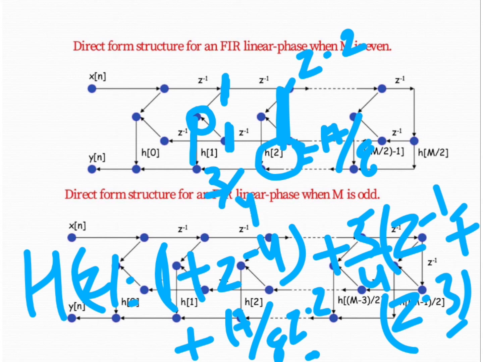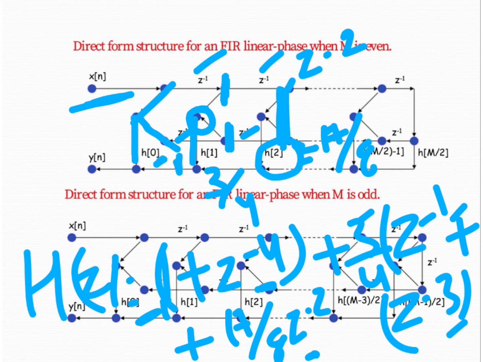Likewise, when we want to implement 1 plus z to the power minus 4, how can we connect it? Here we have z to the power minus 1, minus 2, minus 3 and minus 4. This is nothing but a 1, connected here, and z to the power minus 4 is connected here, with a multiplier component whose coefficient value is 1. In this way we can draw it.